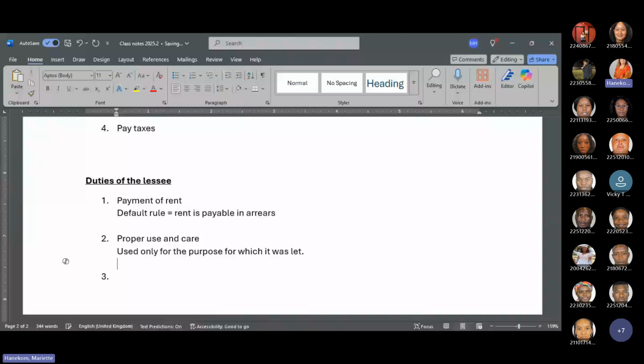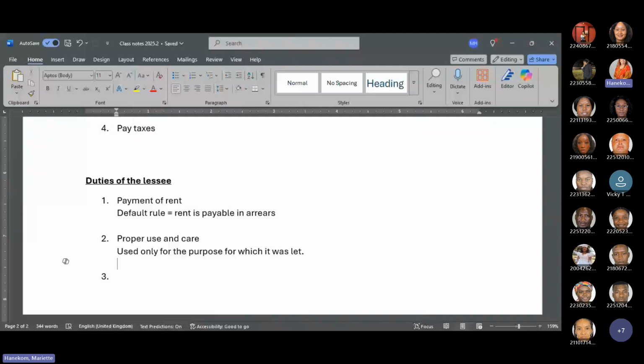So if you rent a room in a house or maybe the whole property for the purpose of a residential property, you may not legally, without the permission of the landlord, use that property to run a business. It was let as a residential property, you can only use it to live in.